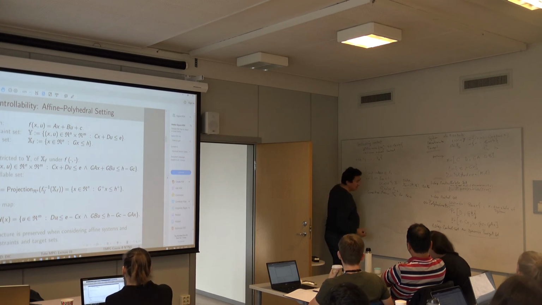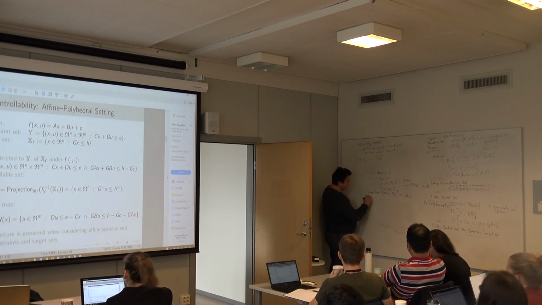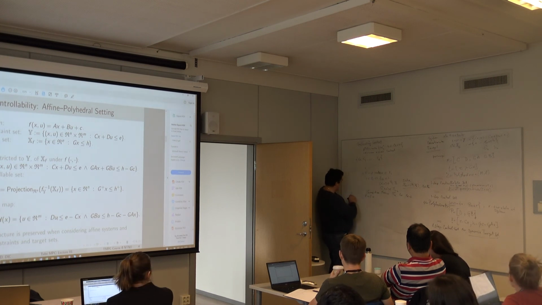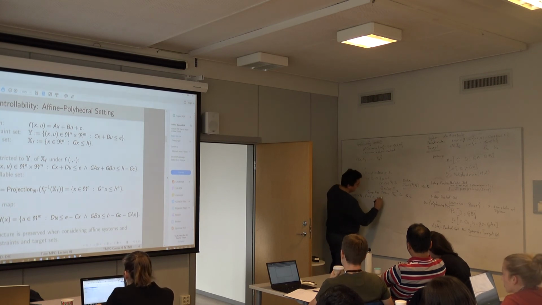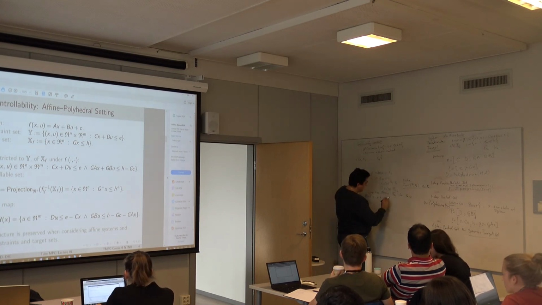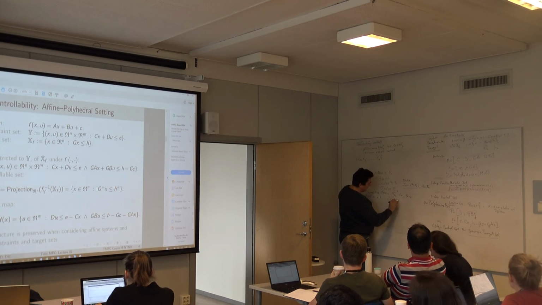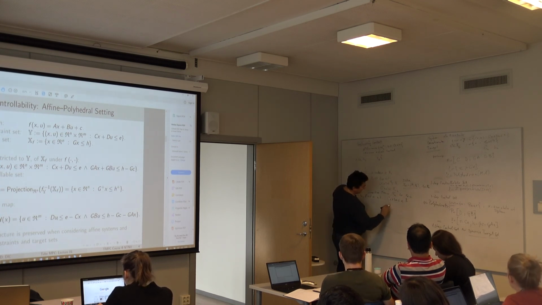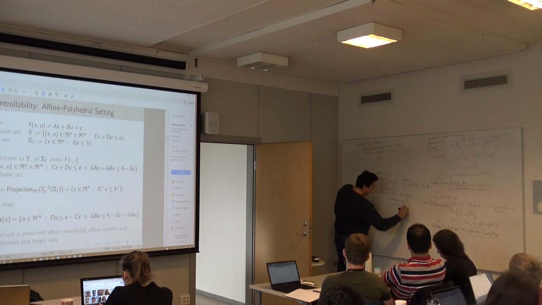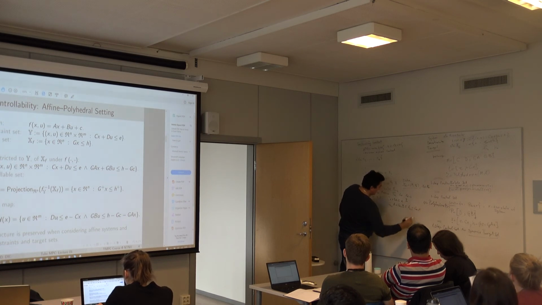This transition from x_k to x_{k-1} means find the u. So you are given an x in x_k, find the u such that what constraints do you need to satisfy? Cx + Du less or equal than e, and the other one is that you need to go to x_{k-1}, so it's going to be G_{k-1}Ax + G_{k-1}Bu less or equal h_{k-1} minus G_{k-1}c.